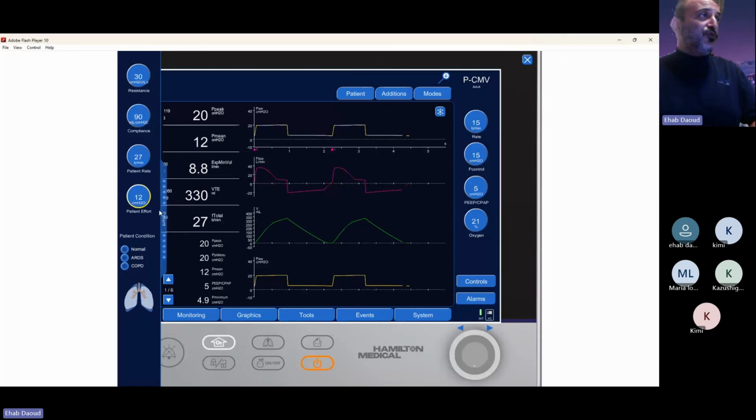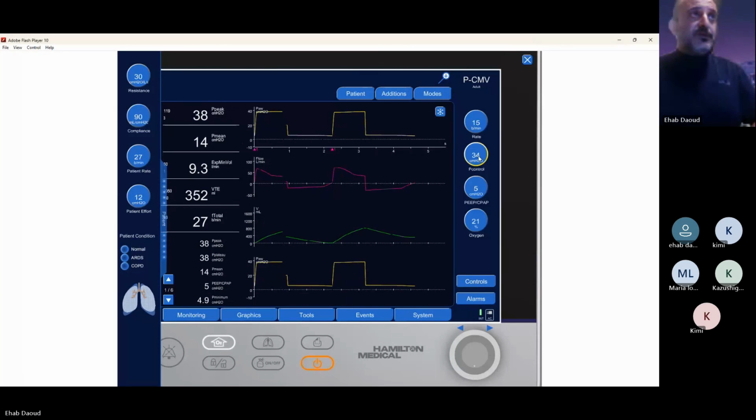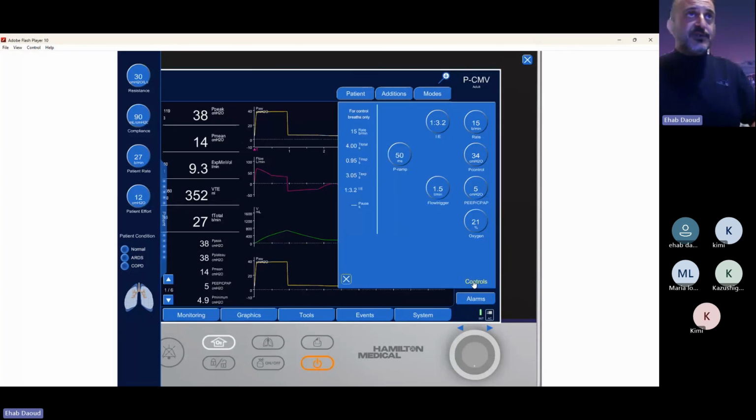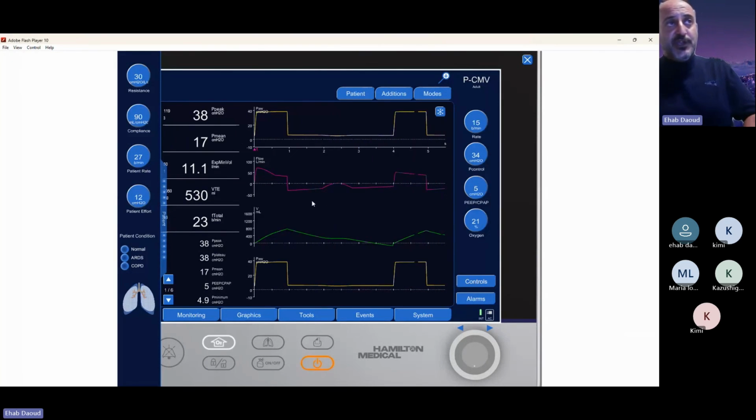So what I'm going to do, again, is create a very high tidal volume so I can show you the missed trigger and the auto PEEP. Let's make the inspiratory time longer to create auto PEEP. Let's make it 1 to 1. Okay, here you go.